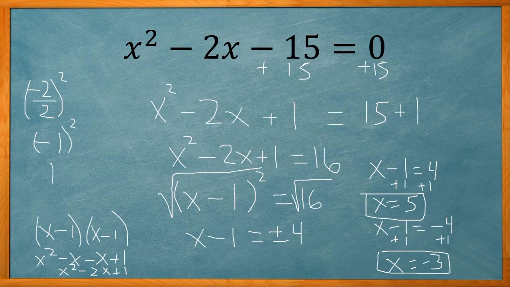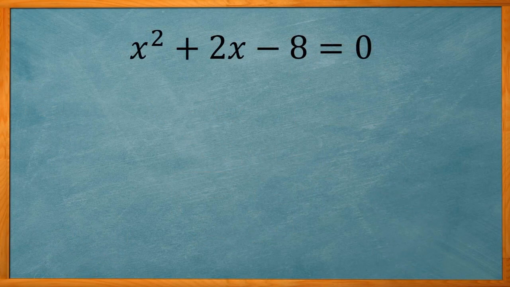Let's take a look at another example. Here we have x squared plus 2x minus 8 equals 0. Again, I want to get the constant term to the other side, so I'm going to add 8 to both sides.